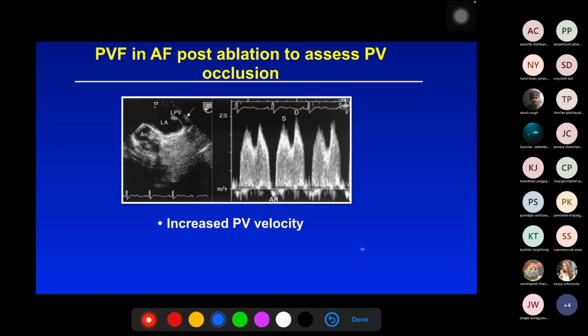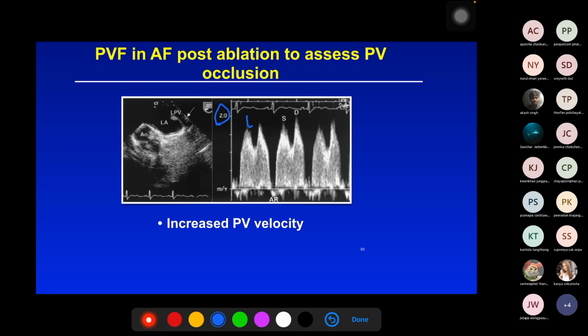After the patient performs the AF ablation, the patient comes up with heart failure, and the Doppler imaging of the pulmonic vein Doppler shows the increased velocity. You see this one is the 2.